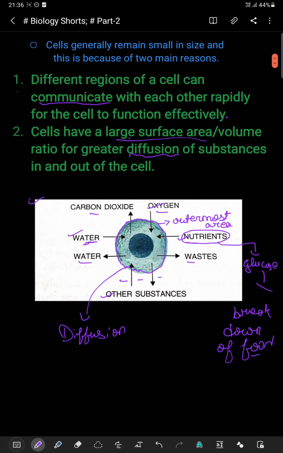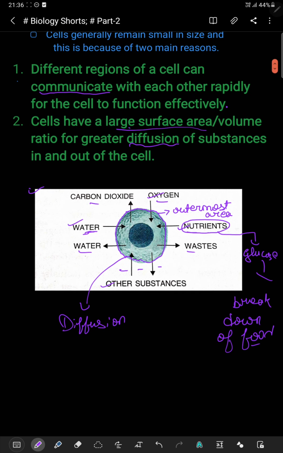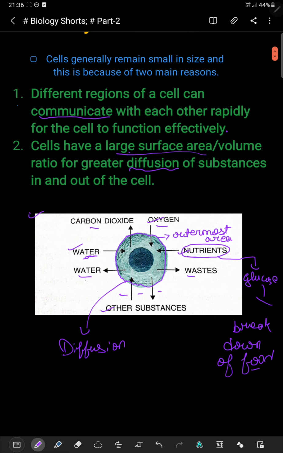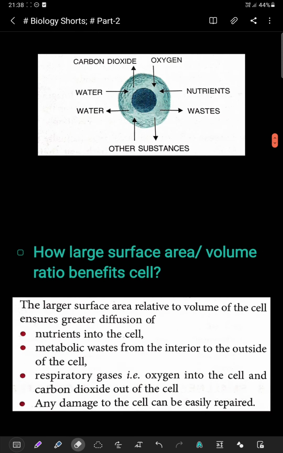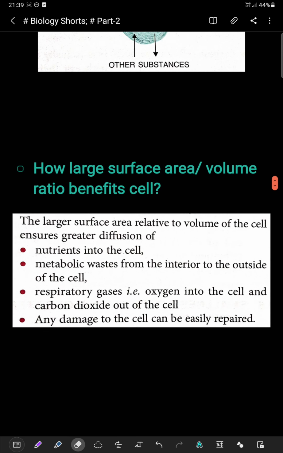Now let's understand why this is necessary. Why is a large surface area to volume ratio, for greater diffusion of substances in and out of the cell, necessary? So now let's find this out: how a large surface area to volume ratio benefits the cell.